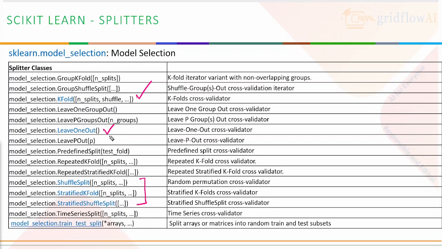And likewise, you have leave p out, which is again a variation. So I'm going to show you some of these in the Python code, utilizing these splitters, and I'll show you with some dummy data how those splits actually look.